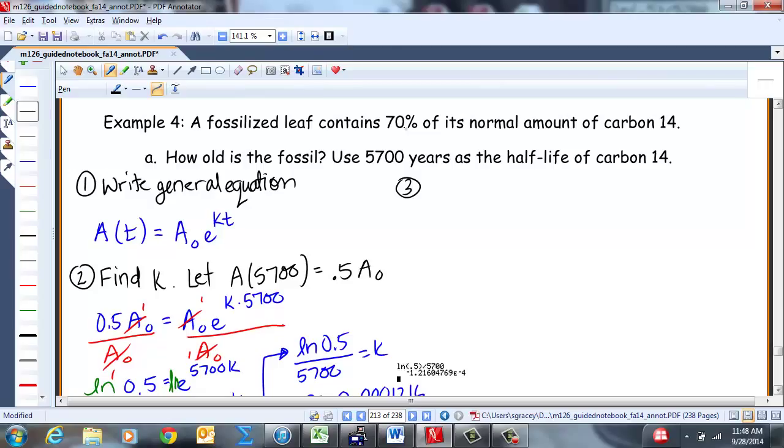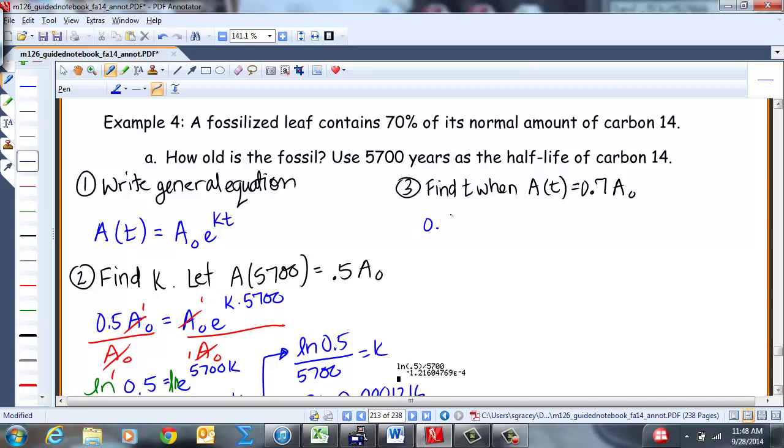So we're going to find t when A at t is equal to 70%, which is 0.7, times the initial amount.